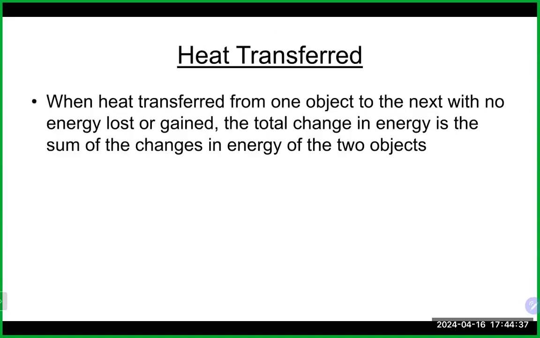So we're talking about at this point, for example, if we have heat being transferred from one object to the next. So for example, if I have some water here, classic water, and let's just say I have 115 grams of water. And let's say initially here, my water's at 26 degrees Celsius.